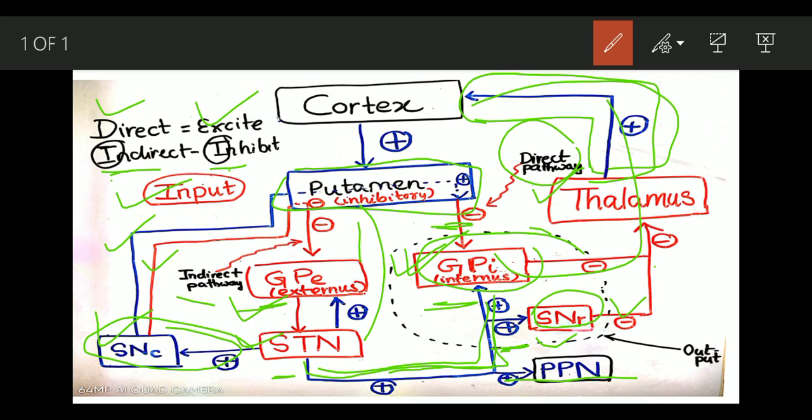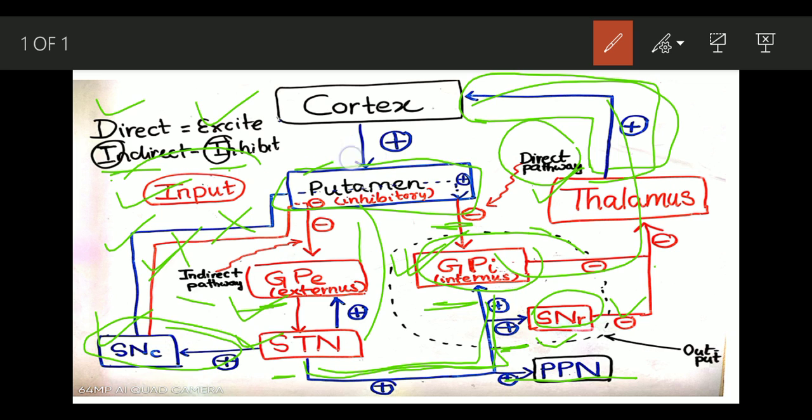So if there is a decrease in dopamine, the direct pathway will not be stimulated and the indirect pathway will also not be inhibited. So the net result is a paucity of movement, or decreased amount of movement, which will cause bradykinesia.